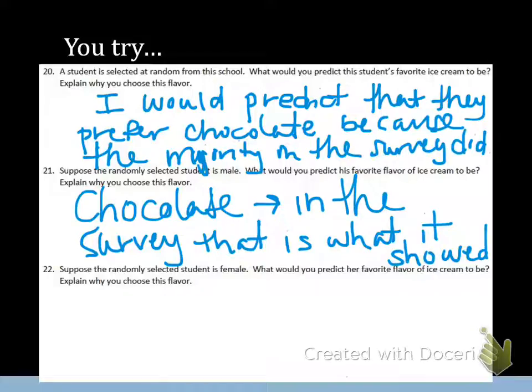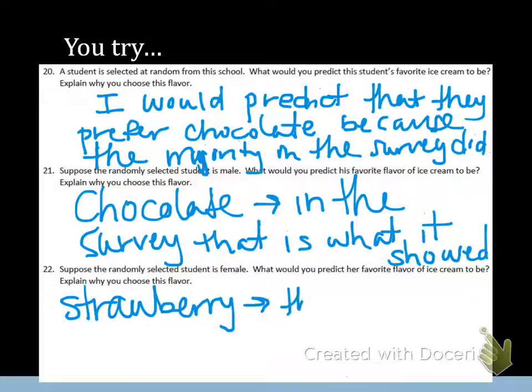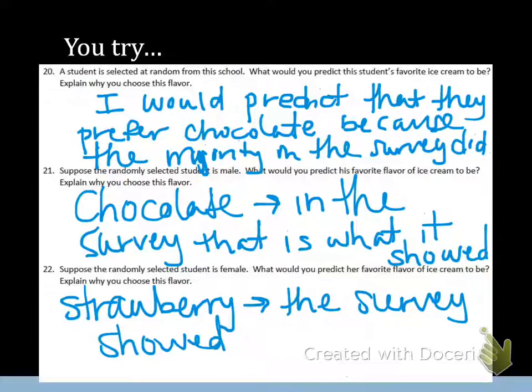So I would predict that they would choose strawberry. And again, that is because the survey showed that. So if they're randomly selected, it's going to be very similar to that survey that happened with those random students. Okay?